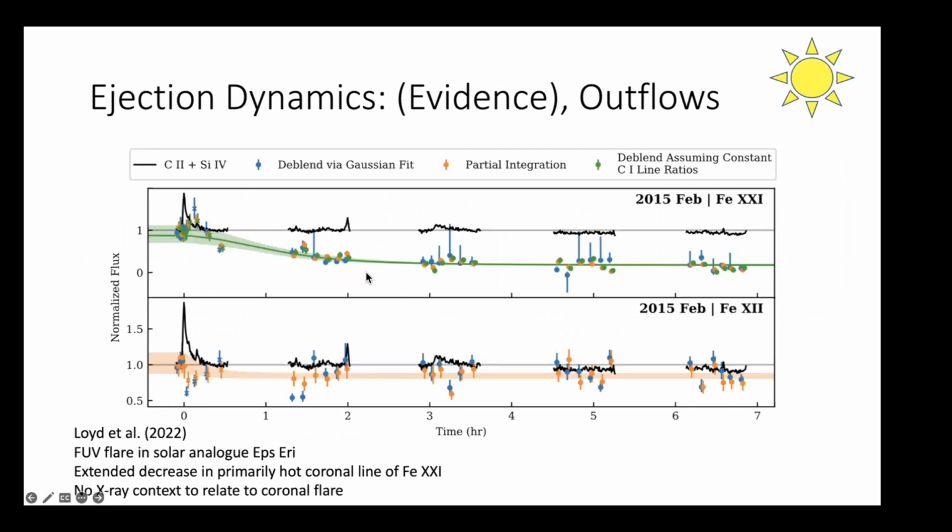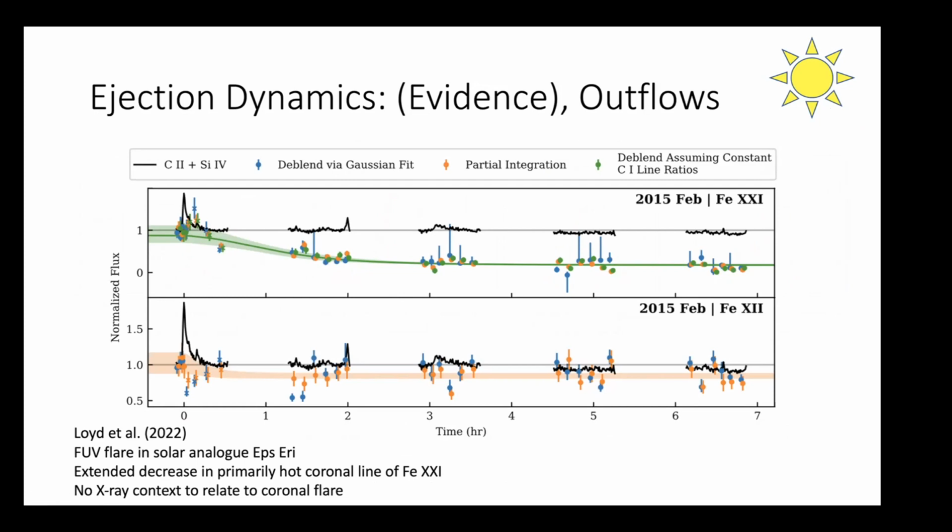And for another stellar example, this is another recent paper showing what they're interpreting as evidence for a coronal dimming on the solar analog star Epsilon Eridani. What you see here is COS FUV spectra. The black lines are the carbon-2 and silicon-4 light curve.